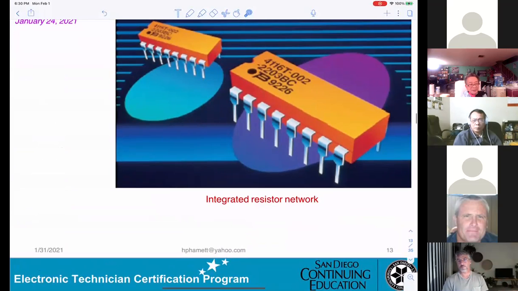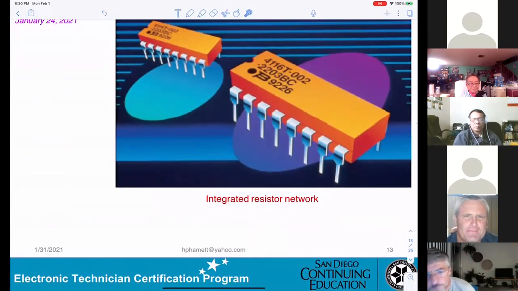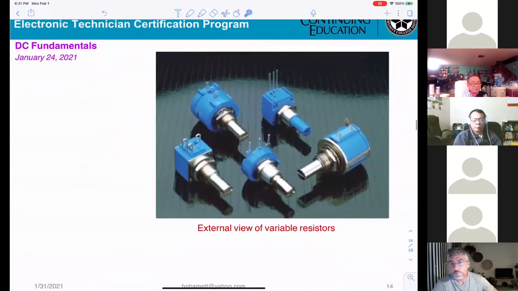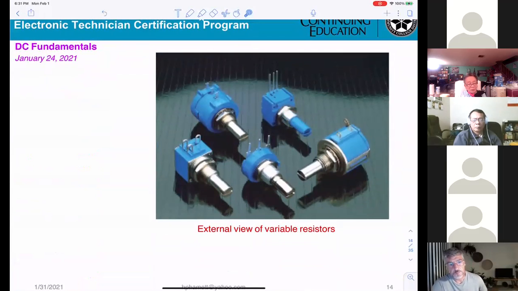A fixed resistor, say 1 kilo ohm, is 1 kilo ohm and cannot change. It's fixed. It can't be changed. But this one is variable. You can change it to 2K, 5K, 6K, depending on the size of the variable.